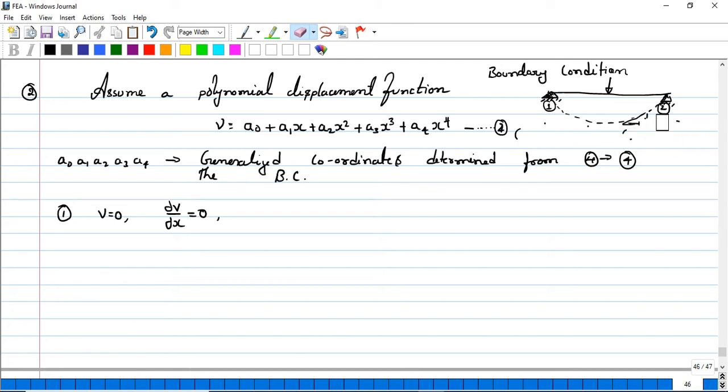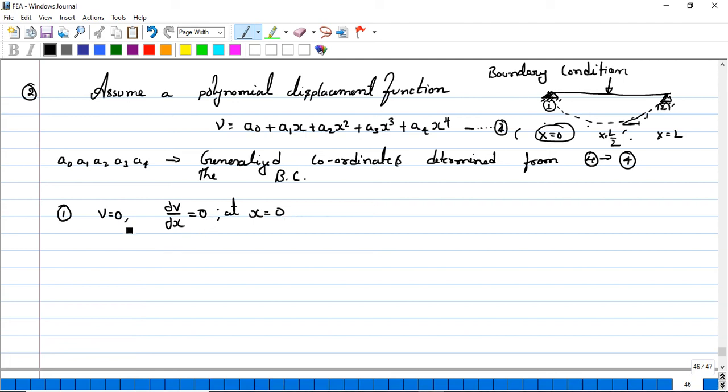Here x distance will be 0, at the center x is equal to L by 2, and x is equal to L. So x is 0 at node 1. So I can state V will be 0 and the derivative of V with respect to x will be 0, where these two values are 0 at x is equal to 0. At node 1 it will be 0.